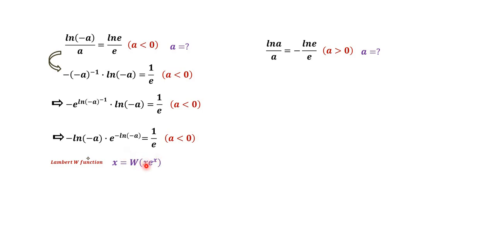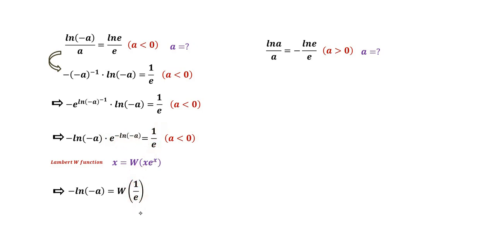Here x is equal to this part, negative ln negative a. So negative ln negative a, this is x right here, is equal to the Lambert W function of 1 over e.